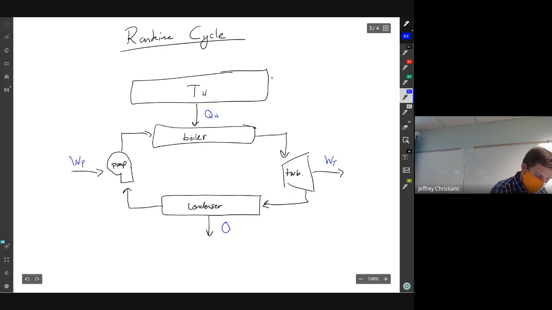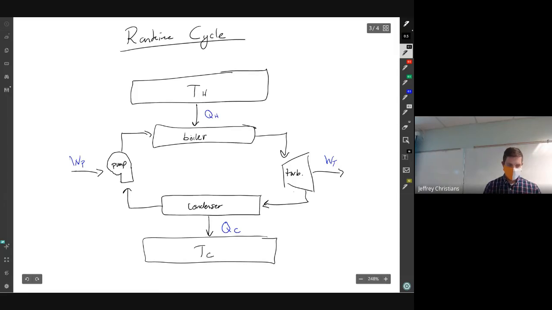And we have heat going into our boiler and out of our condenser. Okay, so the schematic looks essentially exactly the same, although on the left side we have a pump.